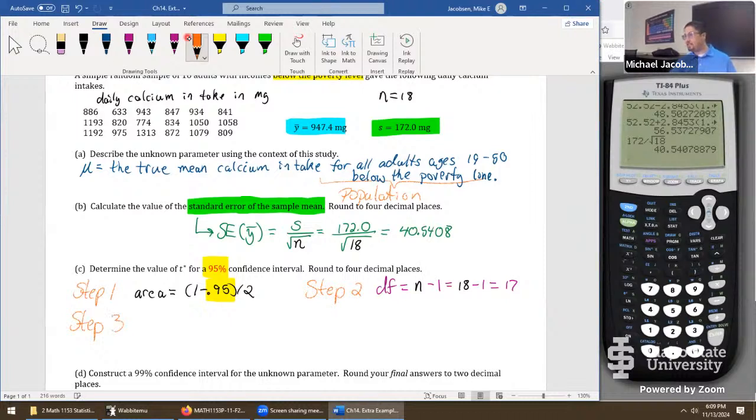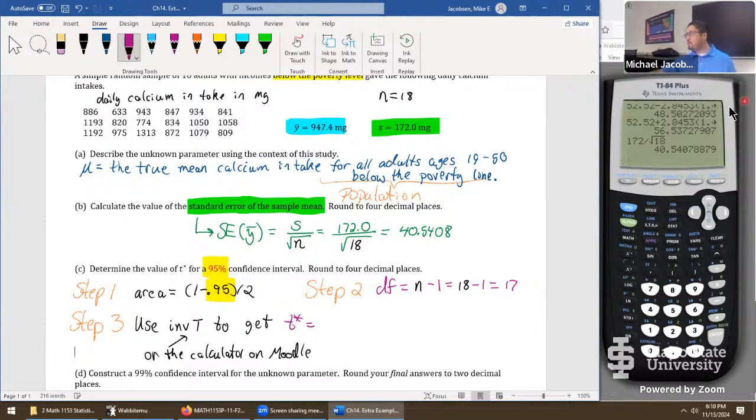Step 3 now. We use inverse T, or the calculator on Moodle, to get our T-star. So with those steps, we're pretty much where we need to be.